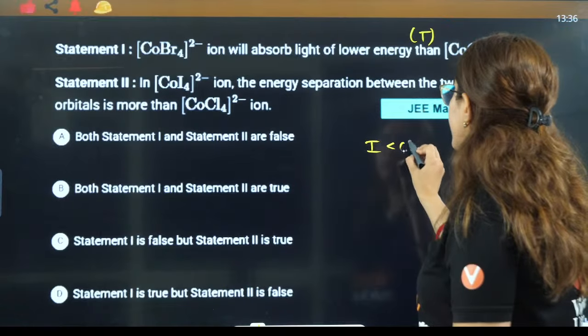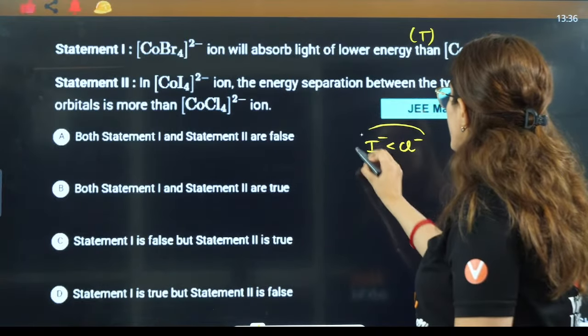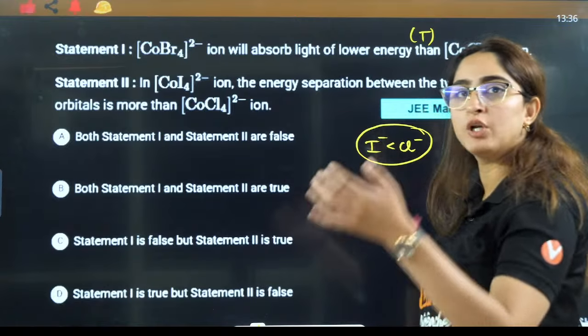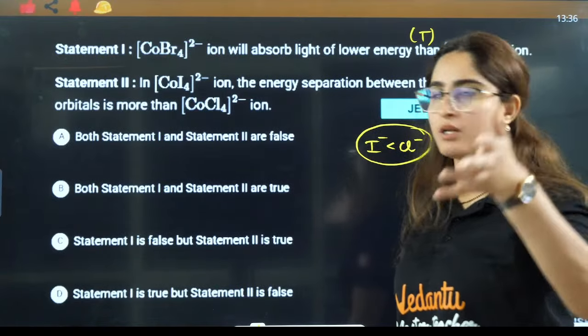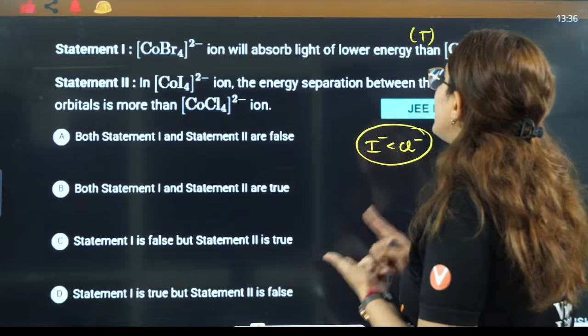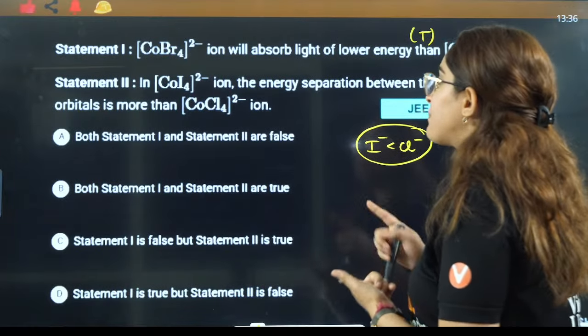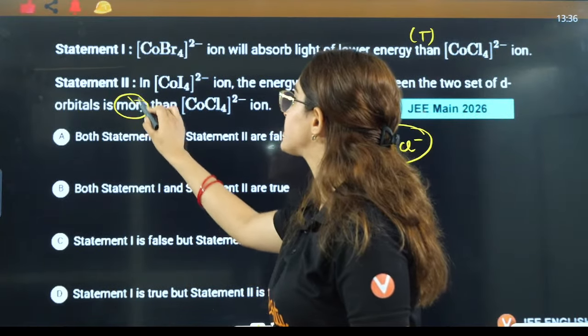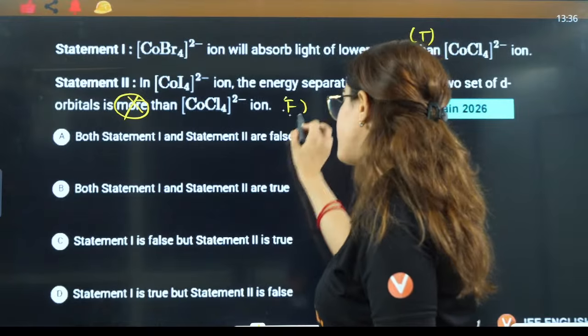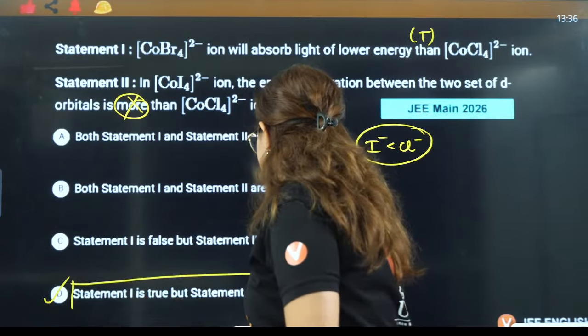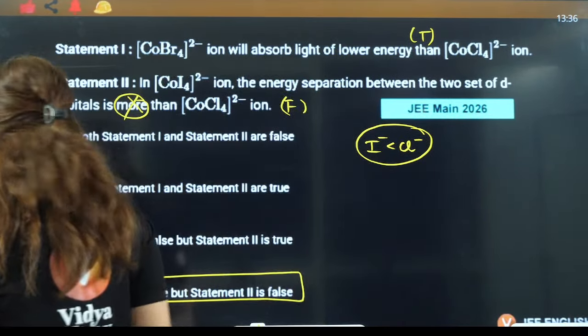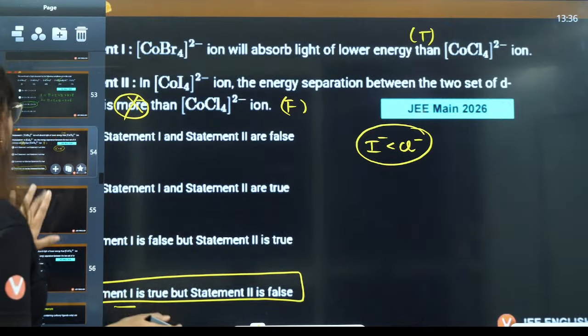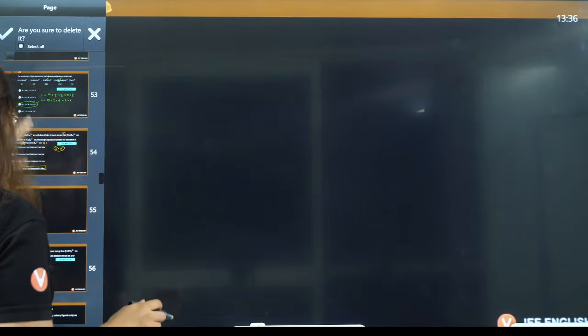Iodine is a weak field ligand as compared to chlorine. So iodine should have low separation, that means the gap should be low. They are saying the gap is more. That is false. The gap is less here, so this is false. So statement 1 is true. Statement 2 is false here. This is one of the easy sets where they have asked easy questions in JEE.